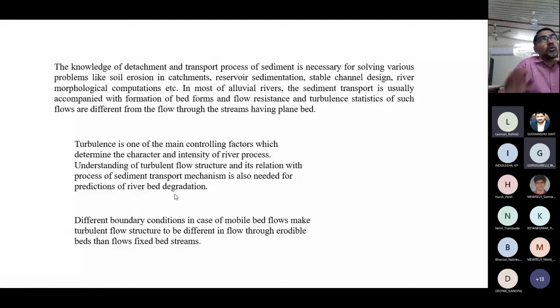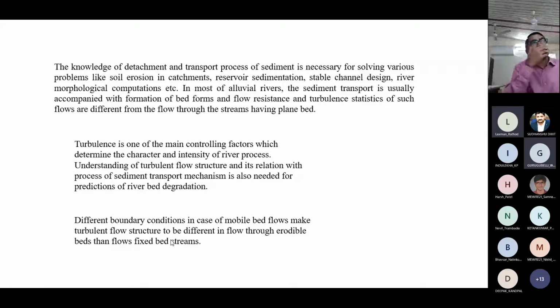So here we want to correlate this riverbed degradation with turbulent flow structures, how things are happening in the degraded bed, with the measurement of velocity using an acoustic Doppler velocity meter throughout the degraded bed at 3 sections. Now, different boundary conditions in the case of mobile bed flow make the turbulent flow structure different in flow through erodible beds than in fixed bed streams.